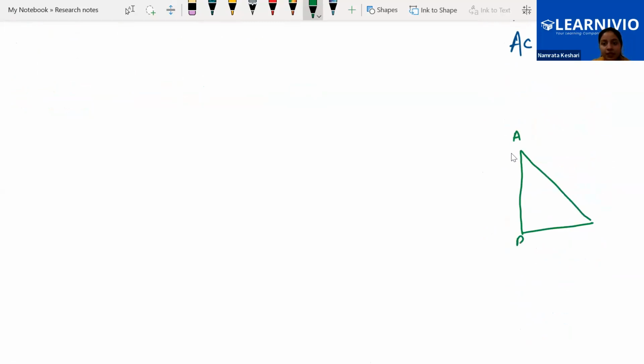ABC, and this time our hypotenuse has to be of root 3. So AB and BC, what will we take? See carefully. If we take AB as 1 unit and BC as root 2 unit, then what will be AC? AC square is equal to AB square plus BC square. AB square is 1 square plus BC square is root 2 square.